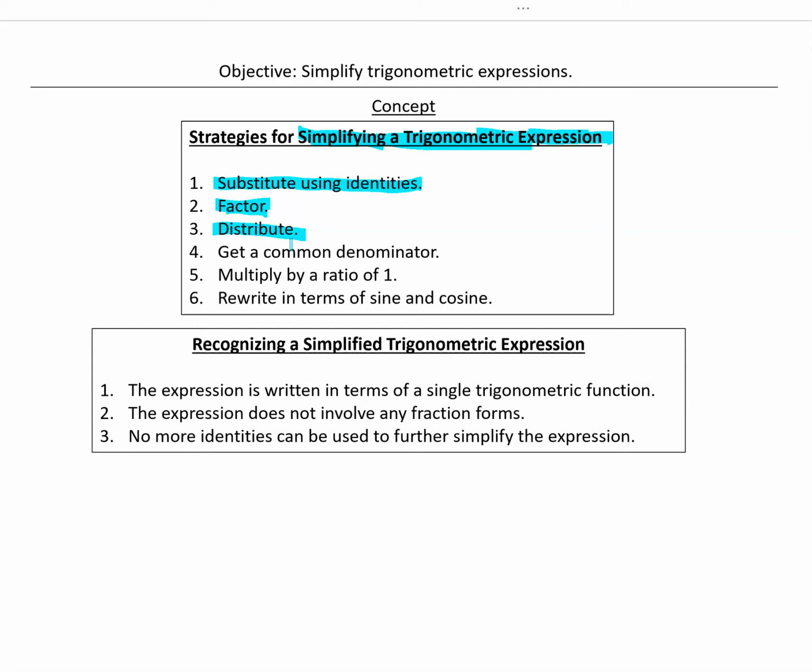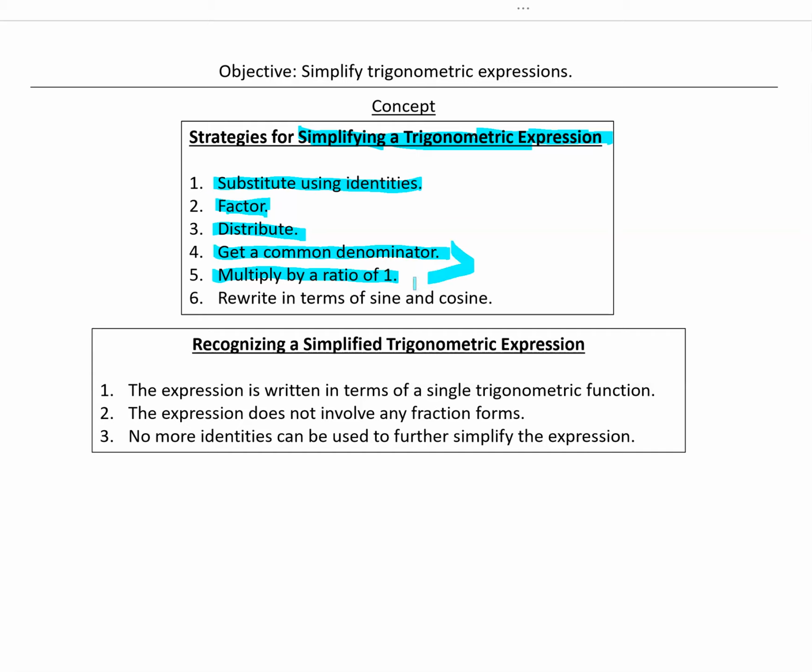If you have ratios in which you have to add or subtract those ratios, you can look at getting a common denominator and then adding like you would fractions with a common denominator. This actually is often how we get a common denominator: we multiply by a ratio of 1, so these two go together in many cases.